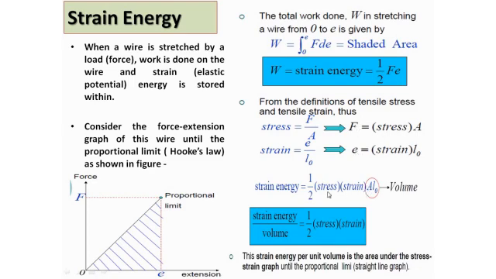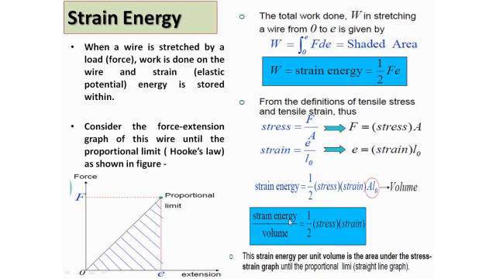So half F into E, where F is stress into area, and E is strain into L naught, so half stress into strain into AL naught. AL naught, area and length, is nothing but the volume.